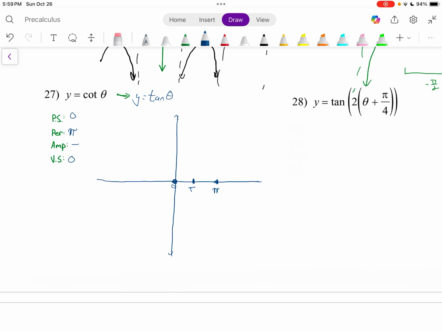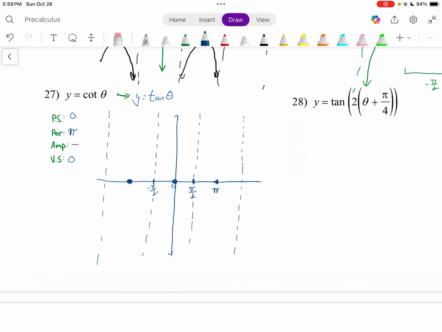So this is pi over 2. At negative pi over 2, there will be a vertical asymptote. And then at negative pi will be a 0. We could go another one if we wanted to, which might be a good idea specifically when we're doing cotangent.